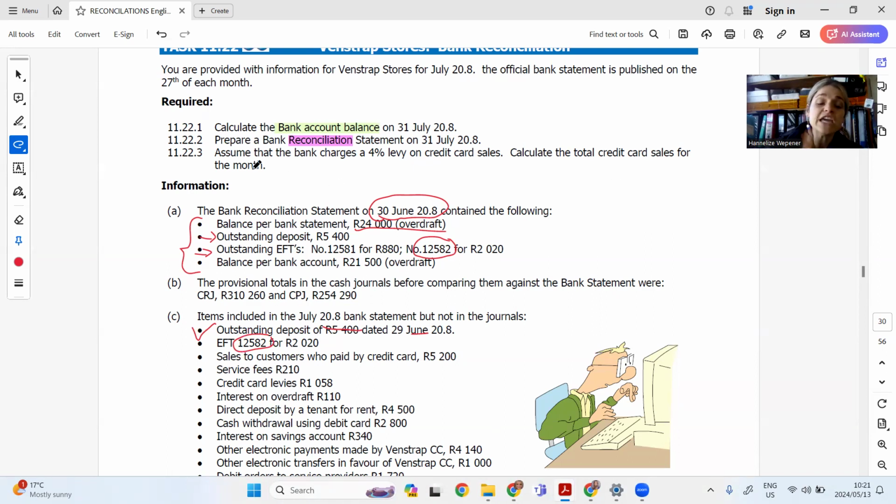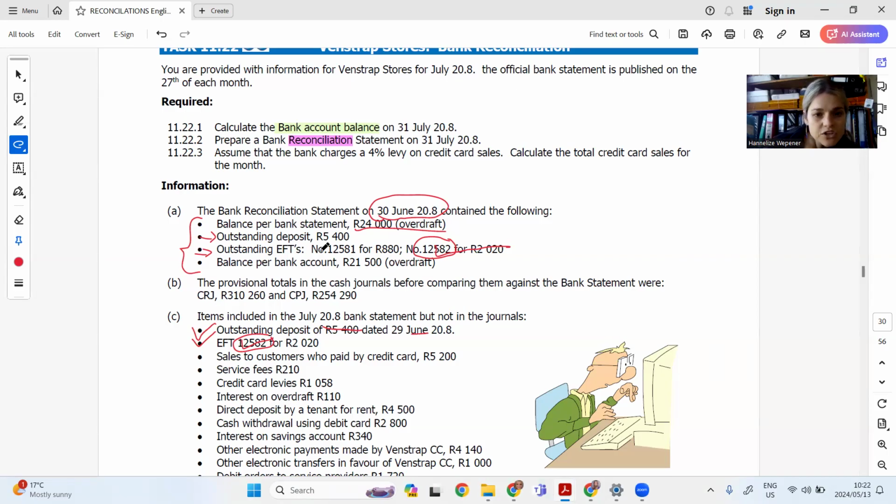So that means that in June, I made a payment of 2,020 Rand. However, the bank statement hadn't reflected that amount yet. So I included that in my reconciliation statement. But now they're saying that in the current month, I can actually see it now reflects on the bank statement. So if it was on the bank reconciliation statement previously, and it is now on the bank statement, it means that I'm now done with that item. It's reflecting on both sides.